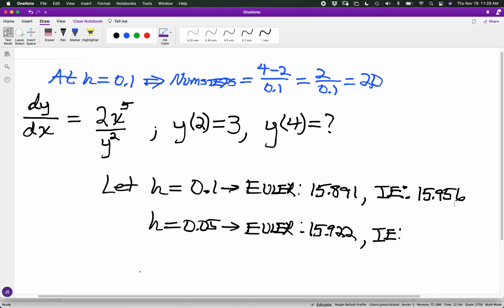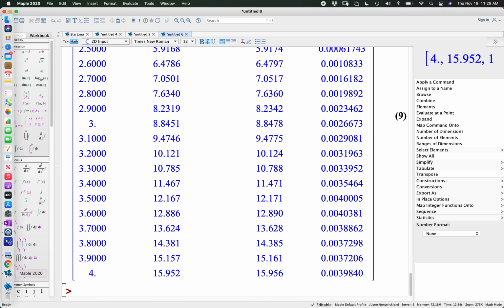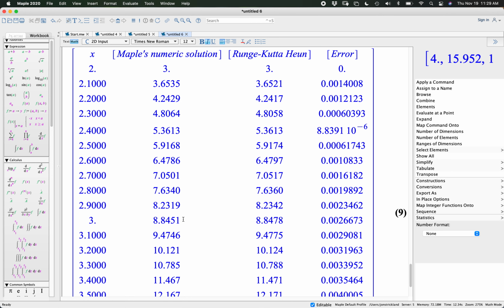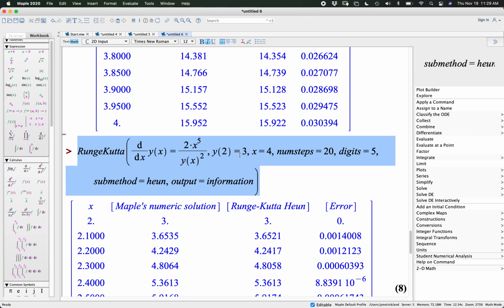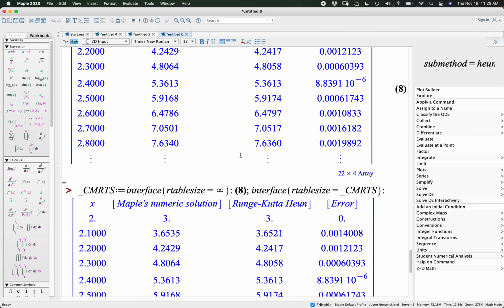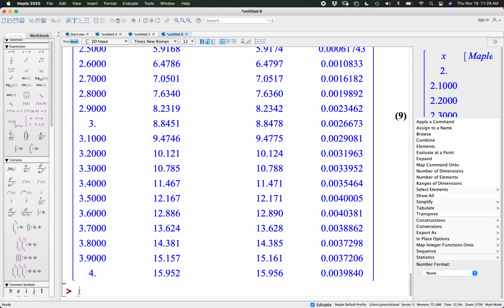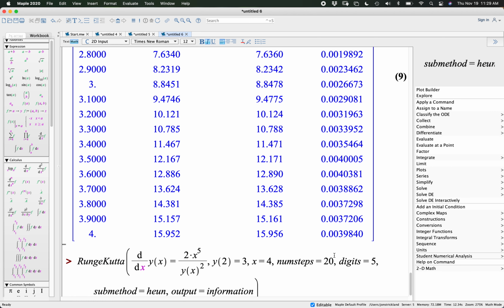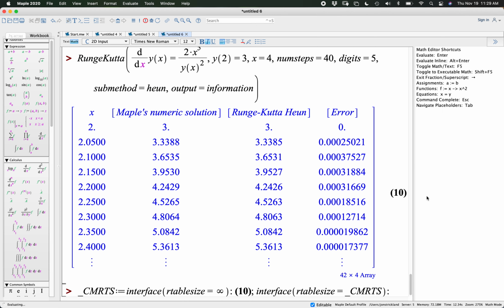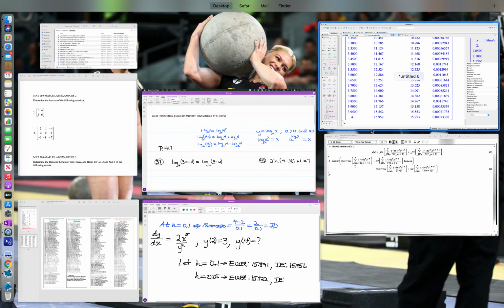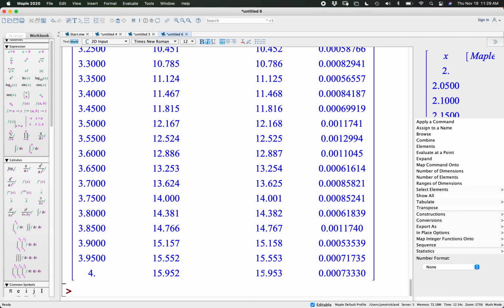And again, if I doubled the number of steps, going from 20 steps to 40 steps, and once again showing all with the show all command, in this one you have very close.